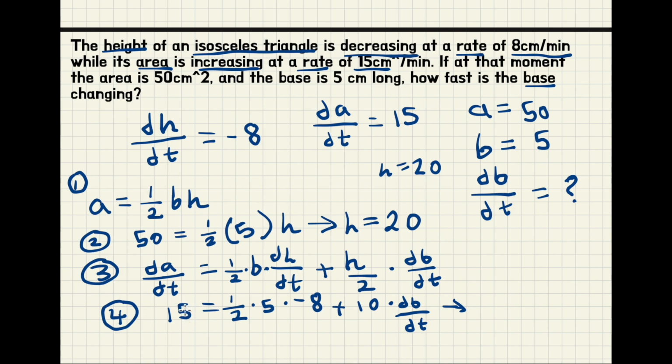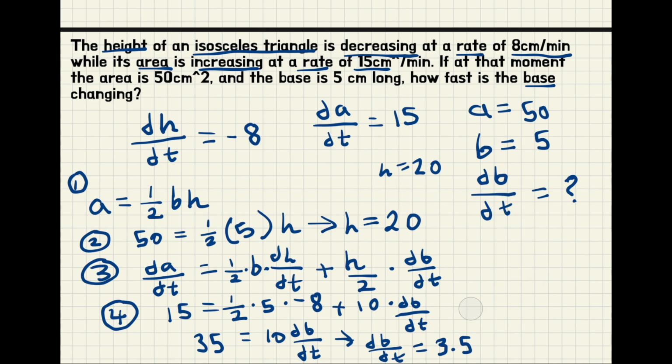Bring it to the left side, so we get 15 plus 20, and that is 35. 35 equals 10 dB dt. Easy now, divide by 10 and you get dB dt equals 3.5.